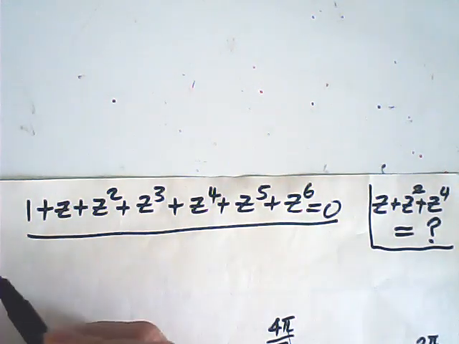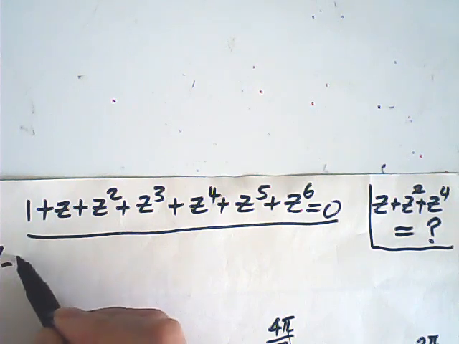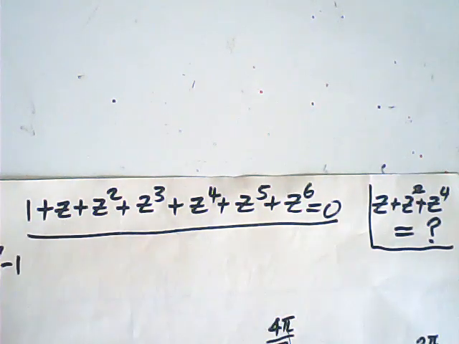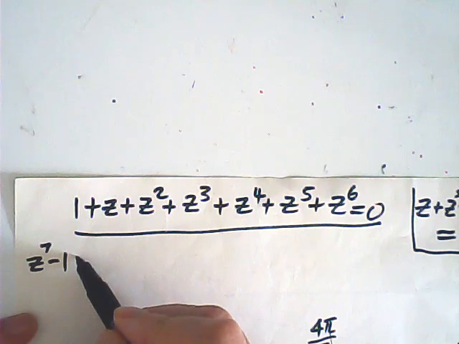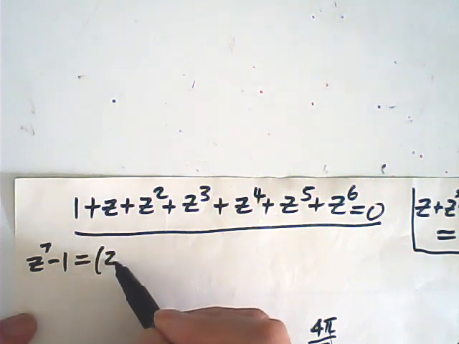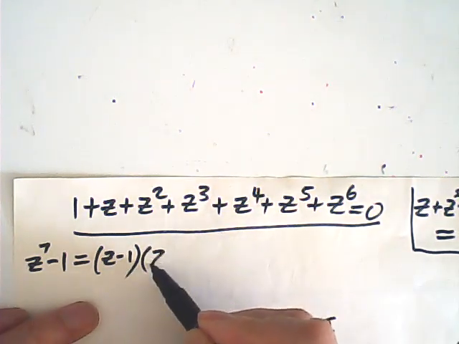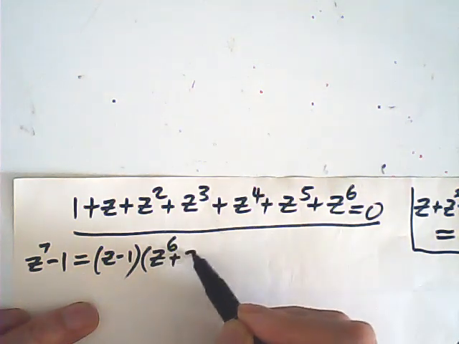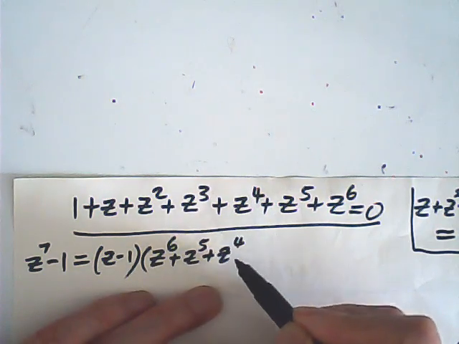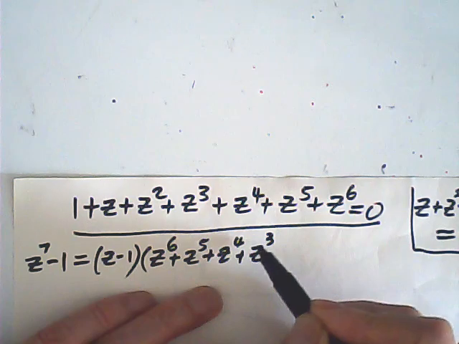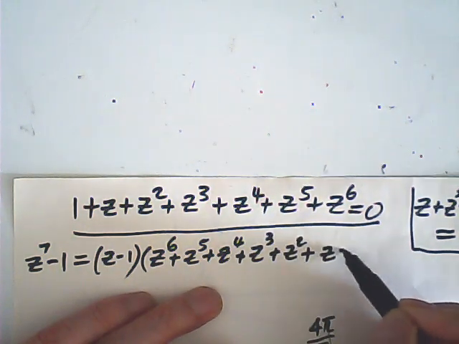Now, I consider Z to the seventh minus one. Z to the seventh power minus one could be factored as Z minus one, and then times Z^6 plus Z^5 plus Z^4 plus Z^3 plus Z^2 plus Z plus 1.